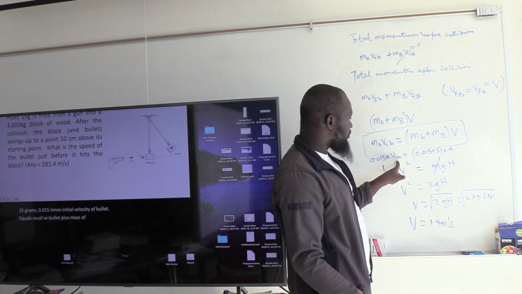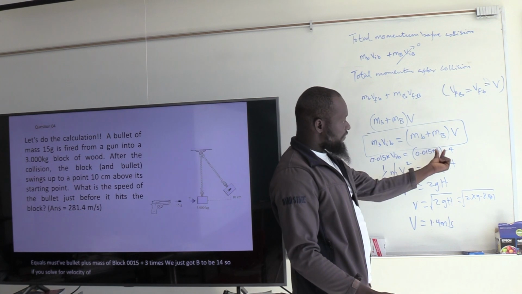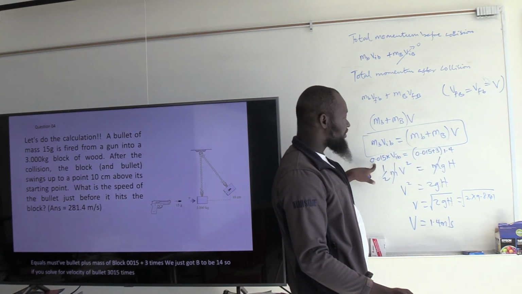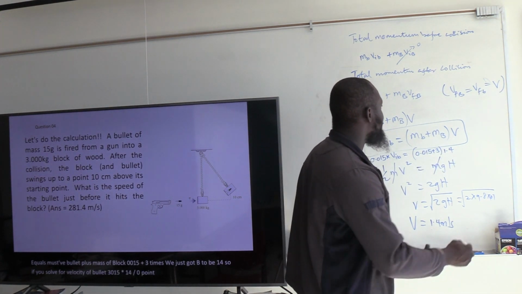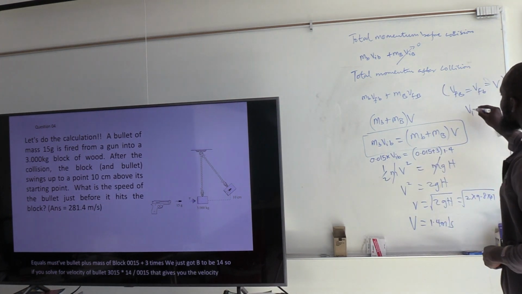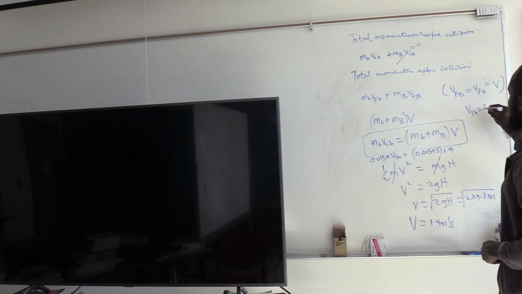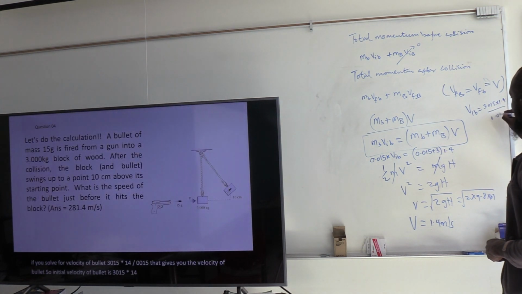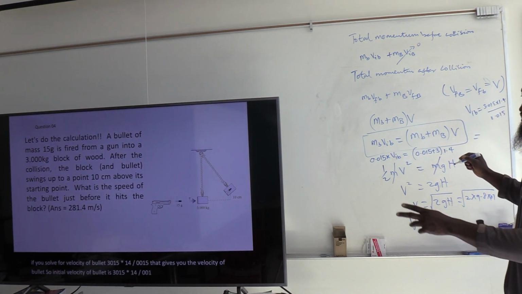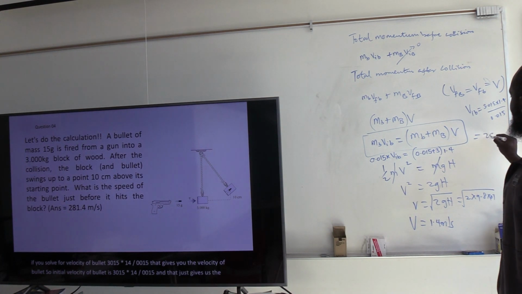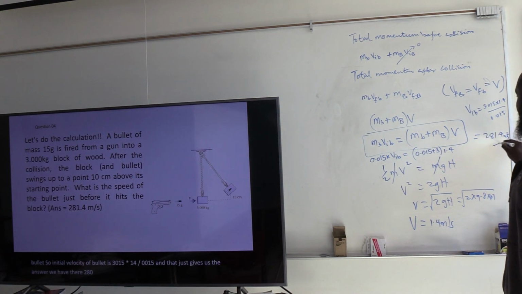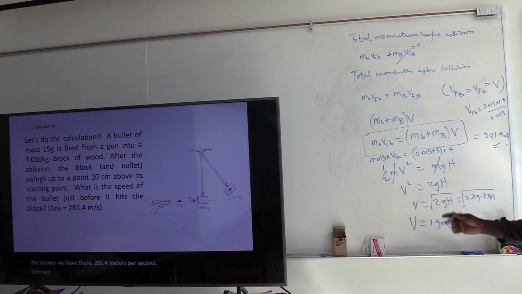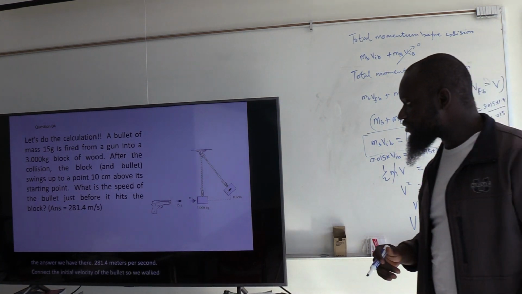If you solve for the velocity of the bullet, it is 3.015 times 1.4 divided by 0.015, and that gives us 281.4 meters per second. That's the initial velocity of the bullet. So we walk backwards to solve that problem.